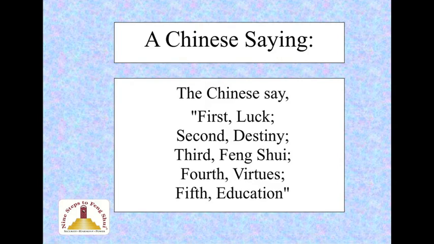So the reason that I have chosen a version of this saying that had first luck and second destiny is because the concept of luck in Chinese wisdom is so powerful, in that by being aware of how the universal winds are blowing and at the same time working on keeping your own vibration high, you really can determine the character of your life.